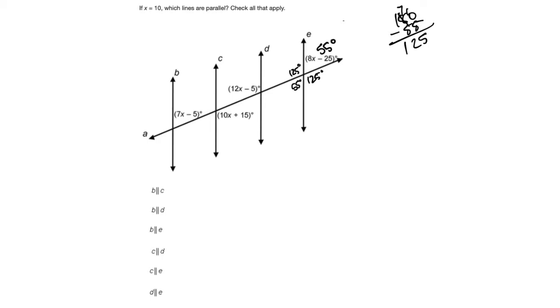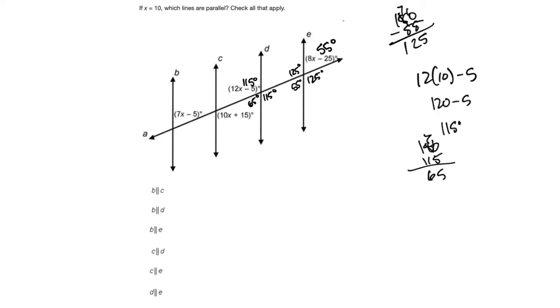So this is another way where you can just find out what all those angles are going to be, and we can use that to help us then compare things. 12 times 10 is 120, minus 5 is 115. So if that's 115, then that means this would also be 115, which means 180 minus 115 would give us 65.